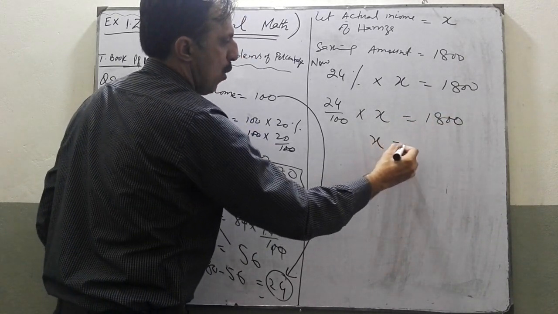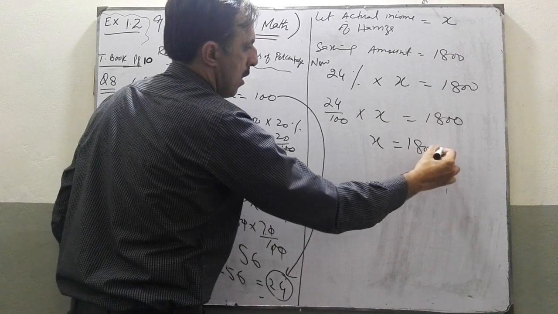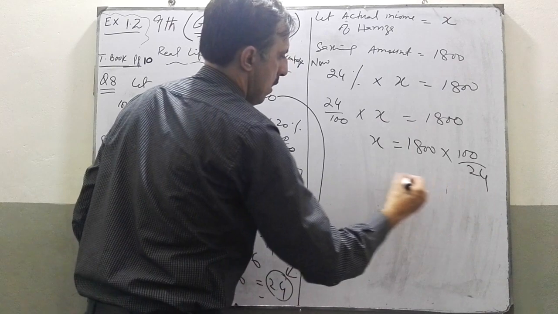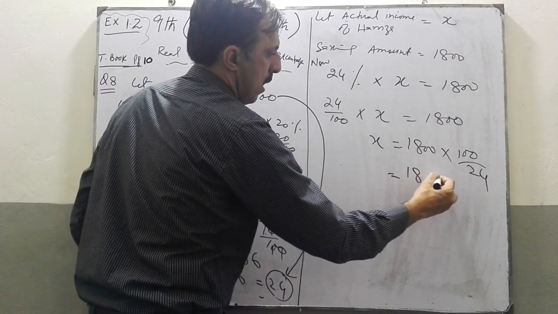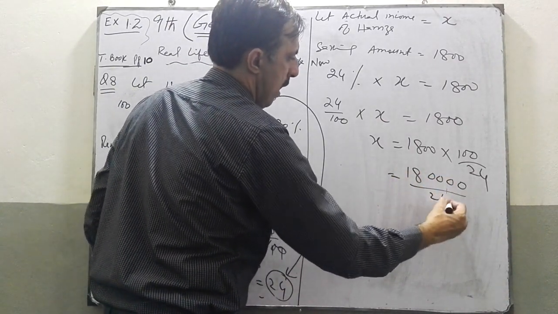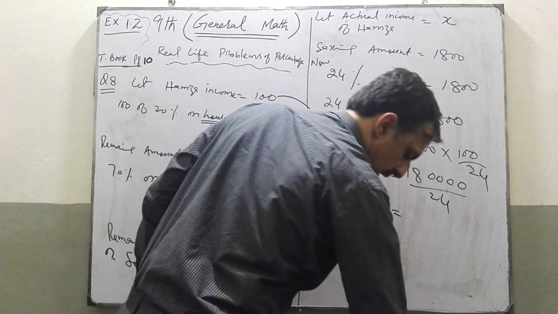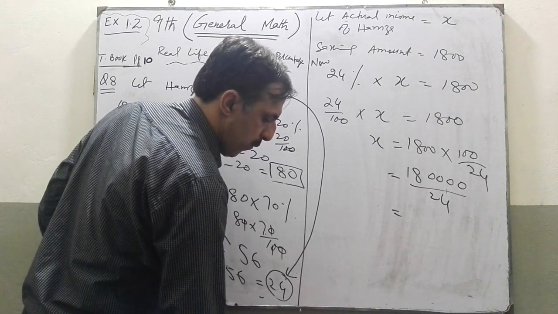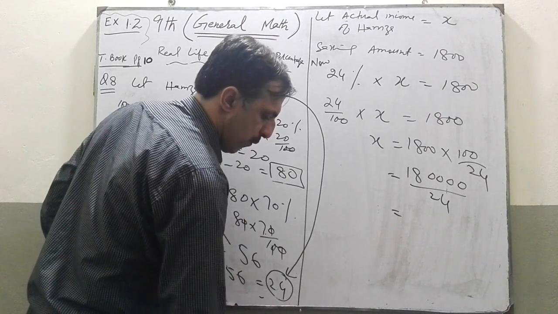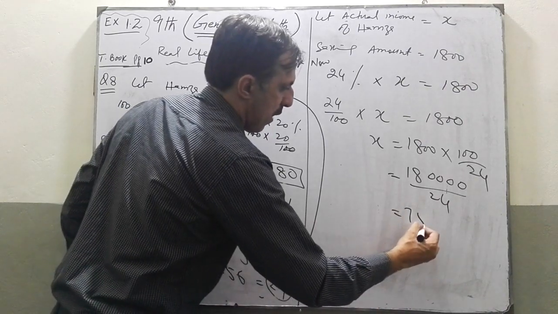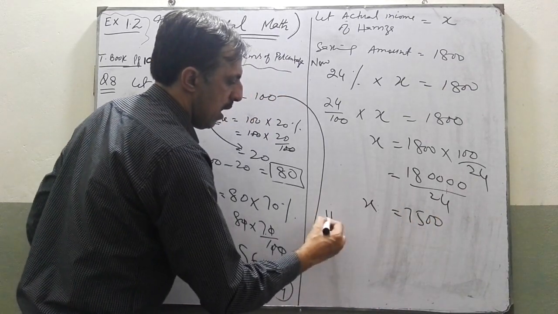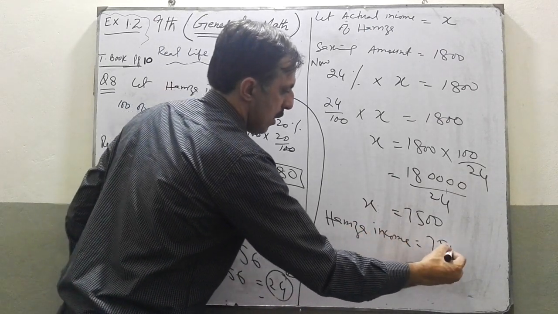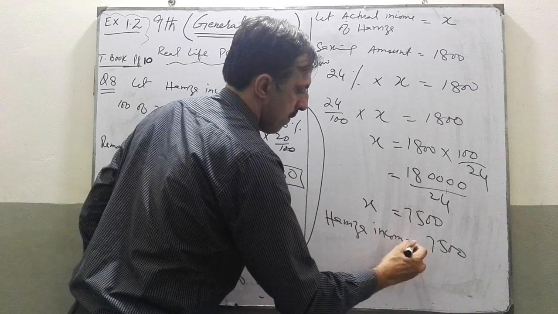We will find the value of X. 1800 multiplied by 100 goes to the other side, and 24 is divided. Now 180000 divided by 24 is 7500. That is Hamza's income, 7500 rupees.